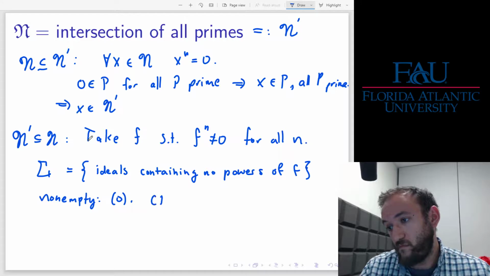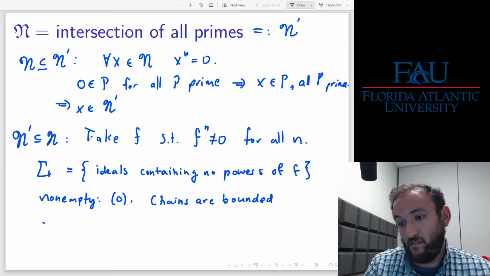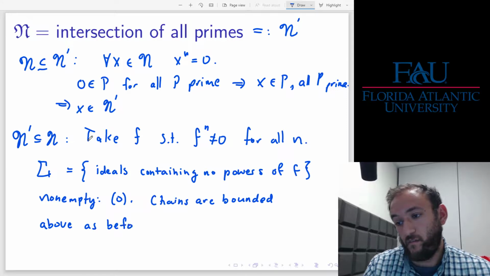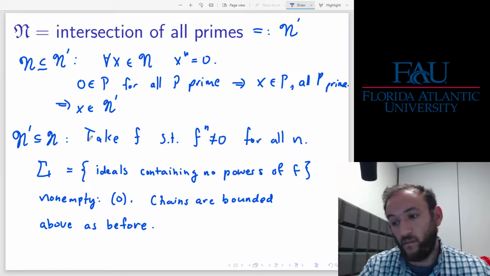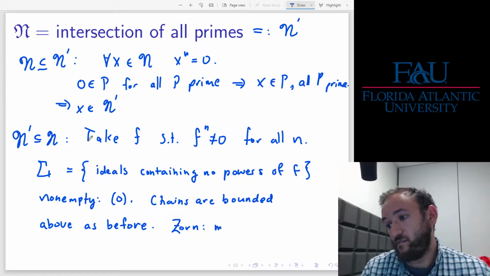So chains are bounded by the reasoning of before, just taking the union of the ideals in the chain. And so by Zorn, sigma has a maximal element.